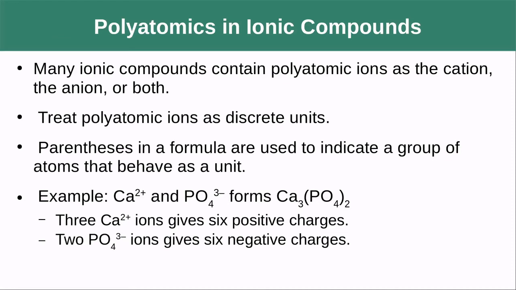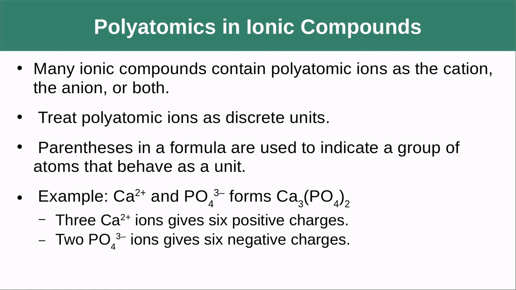A lot of times, rather than individual monoatomic ions, we're going to have polyatomic ions that we're going to be working with. As we talked about before, the polyatomics are going to be treated as discrete units, and typically they're put inside parentheses in a formula to indicate that they are a group of atoms that behave as one unit.